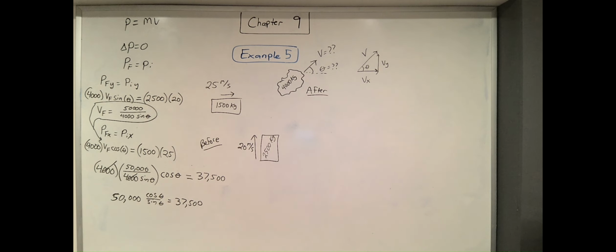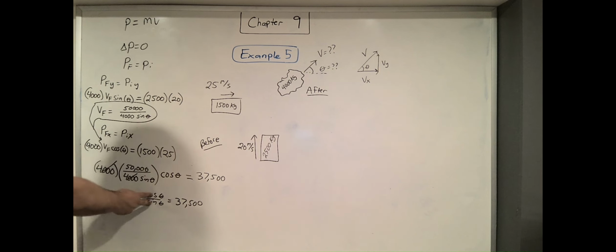Cosine over sine, doesn't that seem like something we might know in our trig functions? If I had sine over cosine, that would be a tangent, right? That's our trig functions from back in our elementary, middle school area. Sine over cosine is tangent.